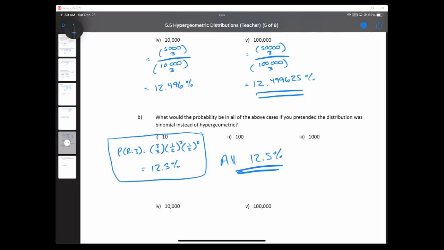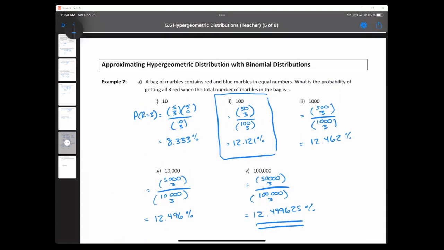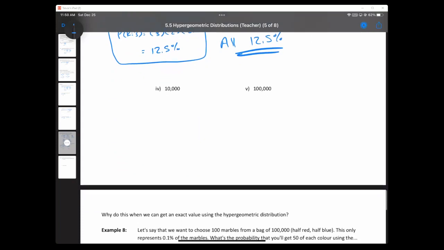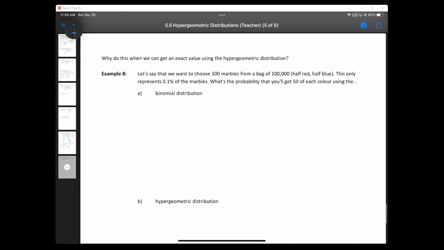And I would argue that those are about the same level of difficulty. Possibly the hypergeometric is even a little bit nicer. So the question then is, why use an approximation when the correct way of doing it is easier or shorter? So why do we want to approximate the hypergeometric with our binomial?